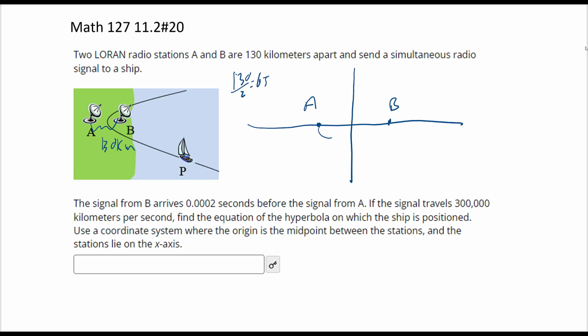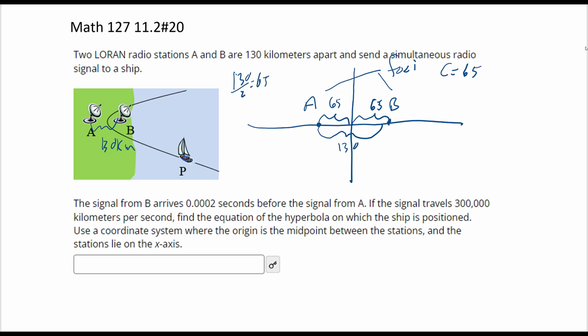So this whole thing is 130, so that means this is 65 here, and this is 65 here. And these are the foci. And so that means that c is 65.